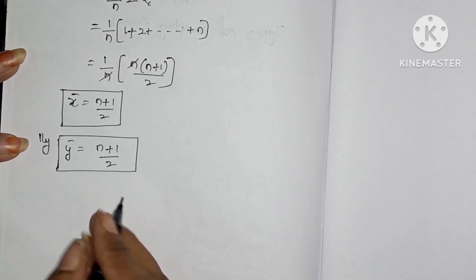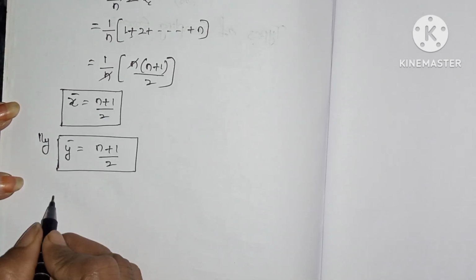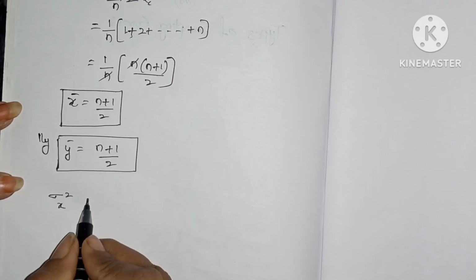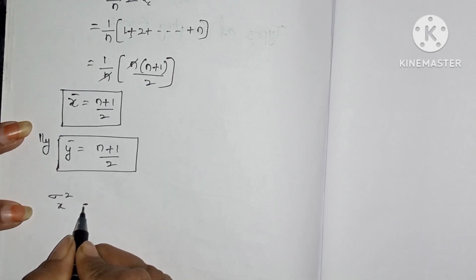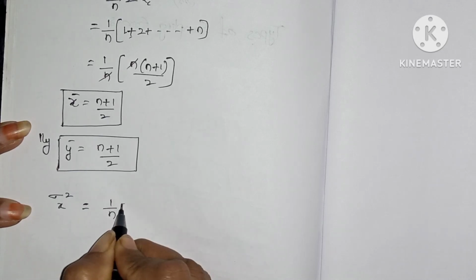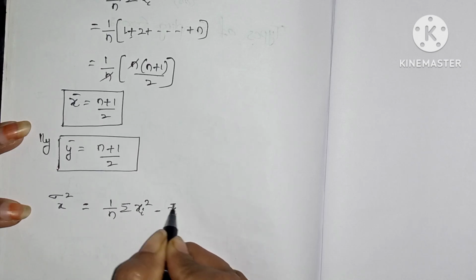Now we have to calculate the variance, sigma square x. We all know the formula of variance: 1 by n summation xi square minus x bar square.